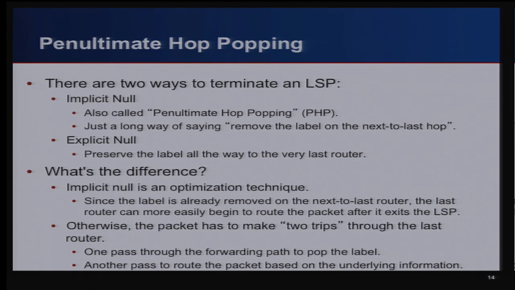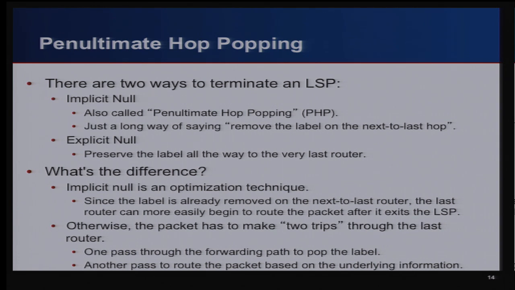And then one other little bit of detail to talk about. It's not always popped. In fact, it's not often popped at the very last router. The 2 ways to terminate an LSP, implicit null is the default. So what happens is it's popped at the next to the last, the penultimate hop, so that the very last router gets a native IP packet and does the regular forwarding.